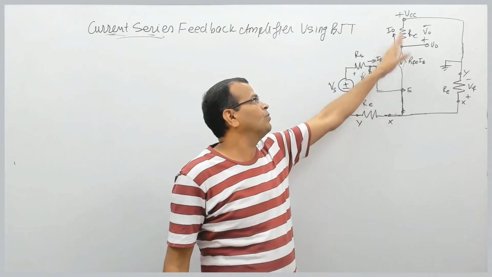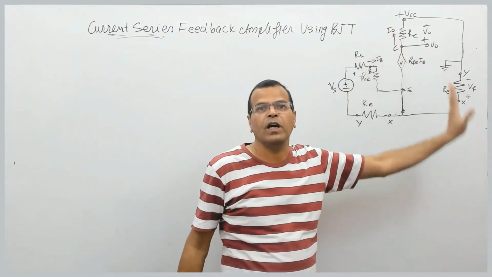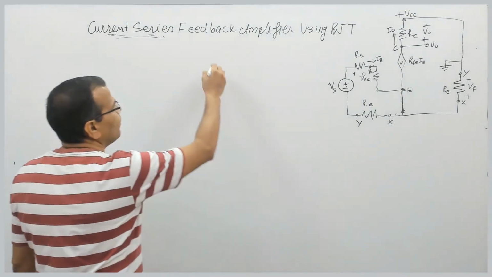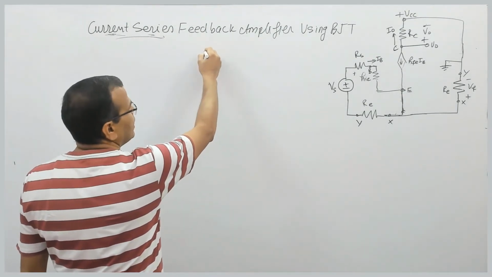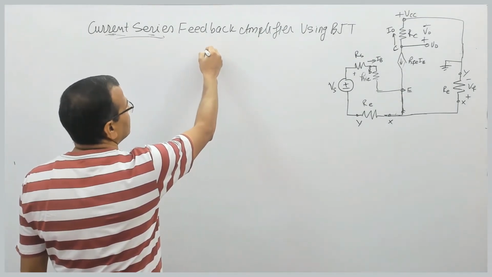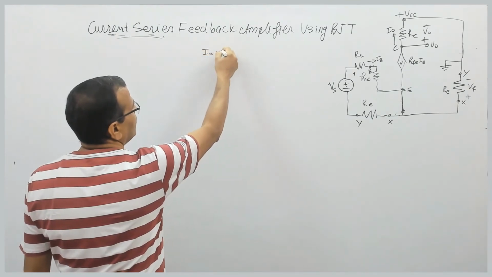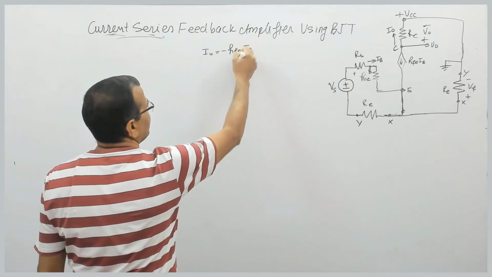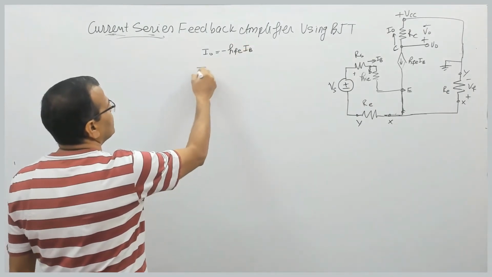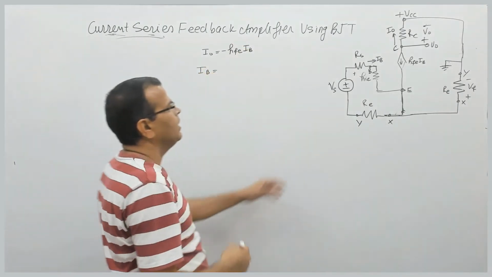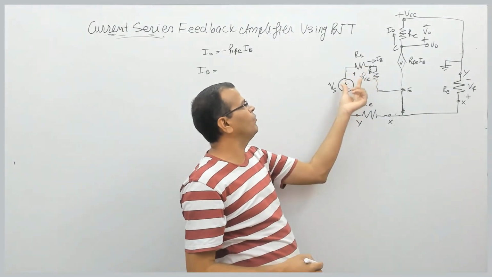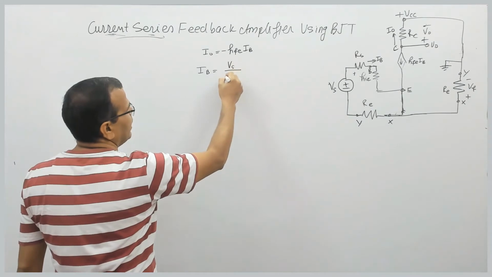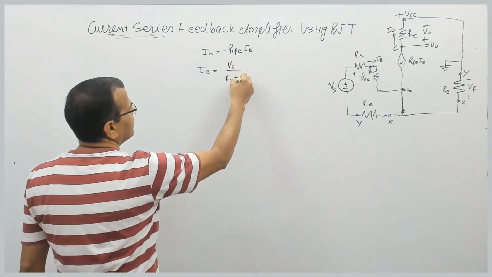Now I0 is equal to minus HFE into IB. What is the base current here? You can see the base current is VS divided by RS plus HIE.